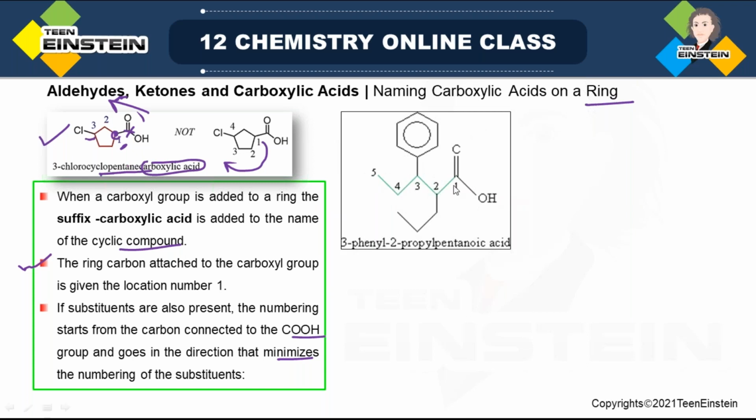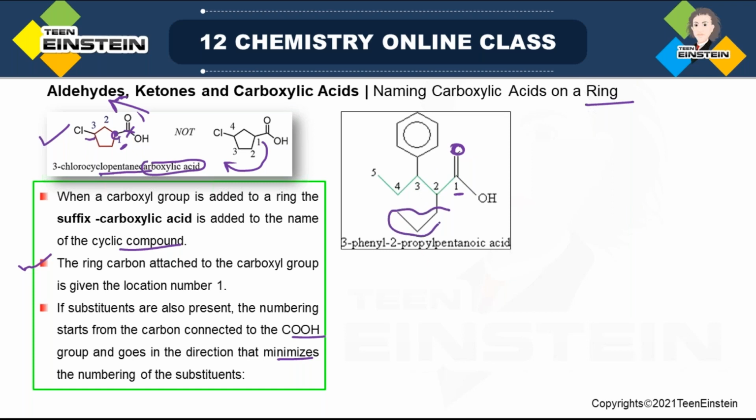Now in this structure you can see the CO2H group is not directly attached to the ring, but I have still used this example here so that you can understand the difference. It is actually an open structure. That is, you have to follow the IUPAC rules that you have followed for open structures. That is why numbering starts from the CO2H carbon, and you have to find the longest chain. It is the longest chain in blue color because it contains the CO2H group.